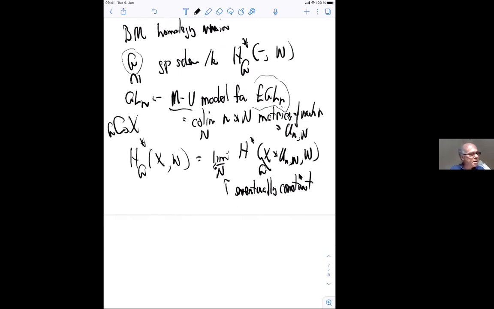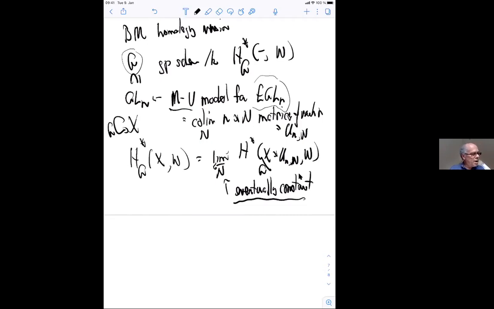As you increase n, you have an inclusion of n by big N matrices of rank n into the larger ones, and then the cohomology restricts under that. Okay, thanks. There's a lim1 term, vanishing probably. Yeah, because it's eventually constant, so the lim1 vanishes. So it makes it a good theory.